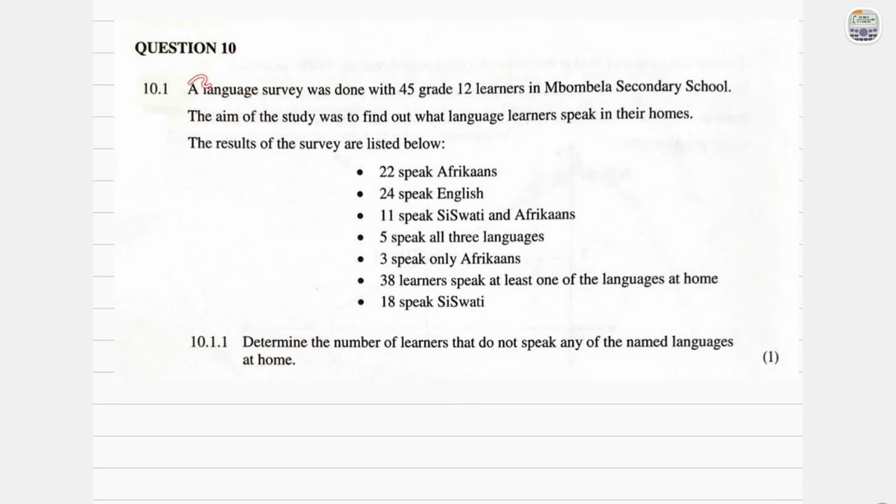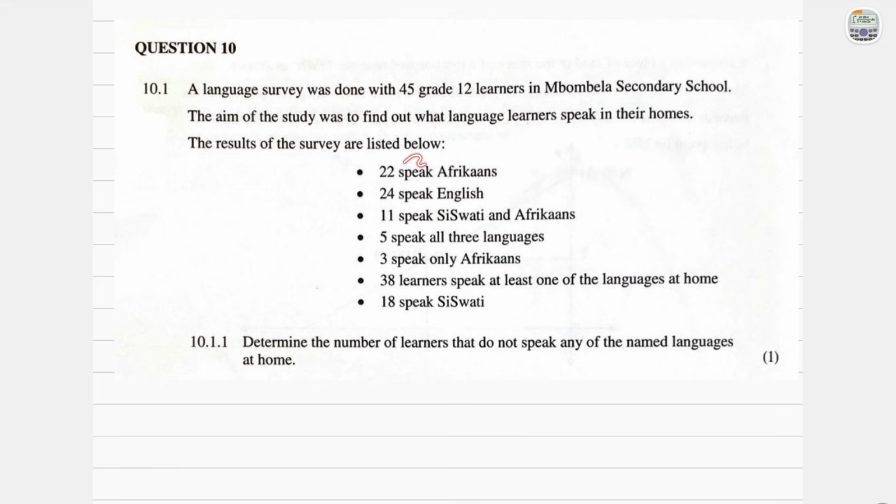Question 10.1 says, a language survey was done with 45 grade 12 learners in Mpumalanga Secondary School, and the aim of the study was to find out what language learners speak in their homes.